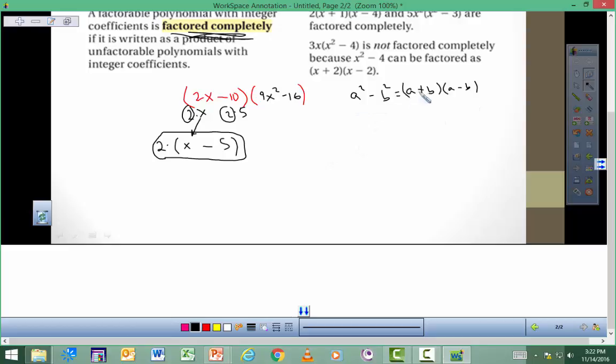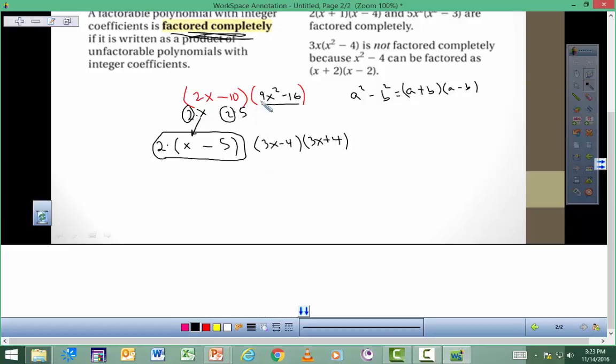So that's a special factoring that you should remember. And so this factor is not complete yet. What we need to do is factor this, and so what we'd have in this case, we'd have 3x minus 4 and 3x plus 4.